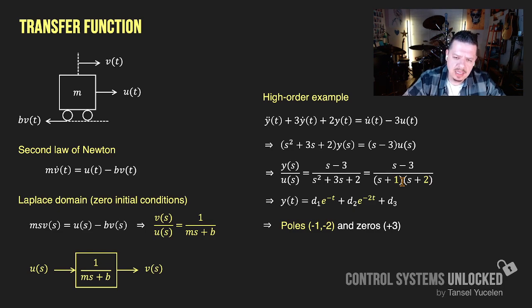And zeros, in this case, the zero is located at plus, unlike this. When a zero is on the right half plane, meaning it has positive real part, we call it a non-minimum phase system.